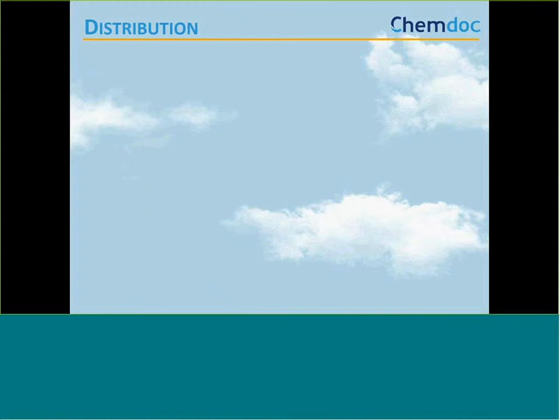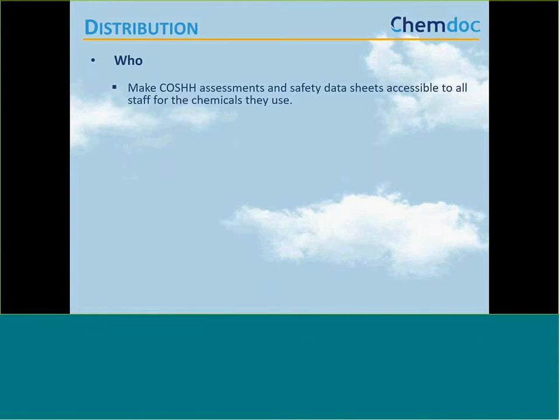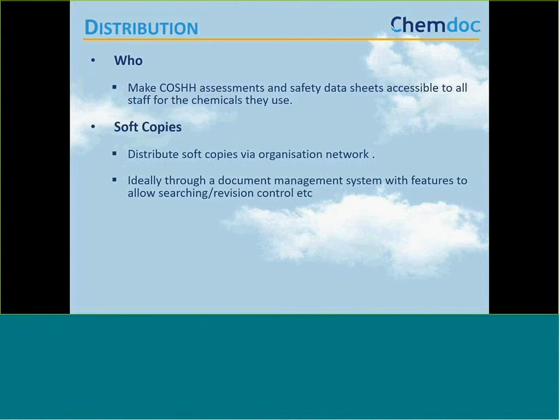So you've written your COSHH assessments, you have your safety data sheets, etc. So the last thing then is you need to distribute both your COSHH assessments and your safety data sheets. Your COSHH assessments in particular, but we would recommend your safety data sheets as well, side by side, must be made available for use for the staff that are actually using the products and involved in the process.